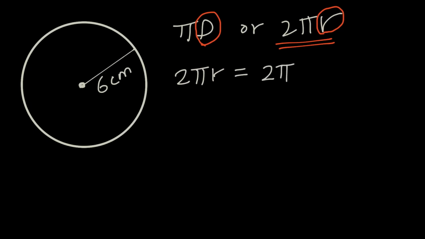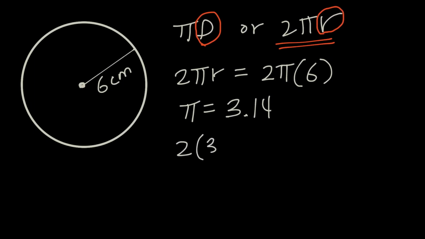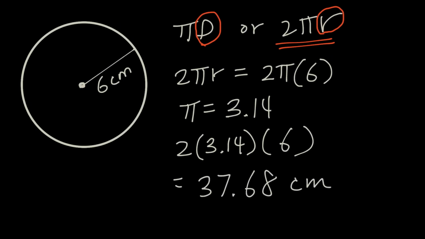So we have 2 pi times 6. Pi is a long number, but we normally shorten it as 3.14. So the circumference will be 2 times 3.14 times 6, and that will equal 37.68 cm. And that's how you find the circumference of a circle.